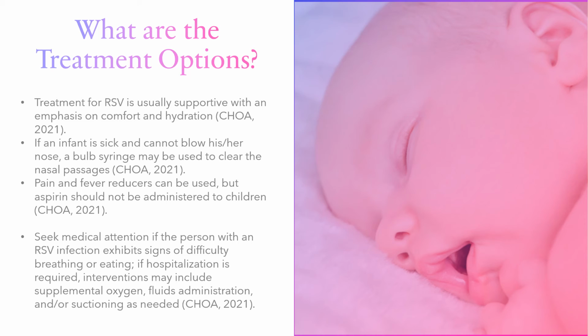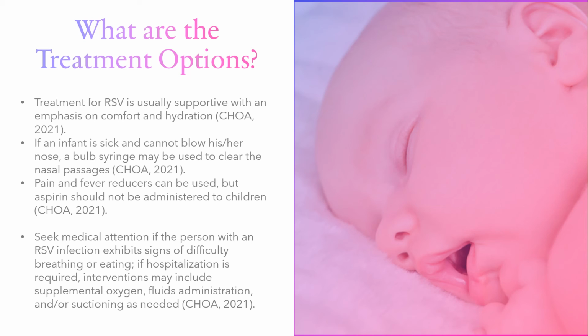What are the treatment options? Treatment for RSV is usually supportive, with an emphasis on comfort and hydration. If an infant is sick and cannot blow his or her nose, a bulb syringe may be used to clear the nasal passages.